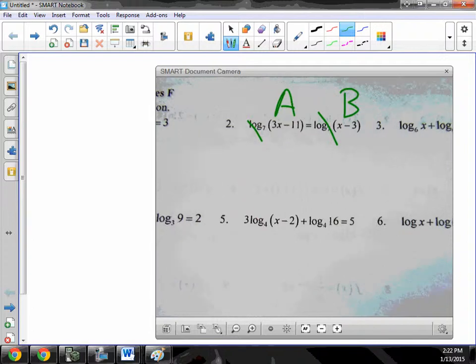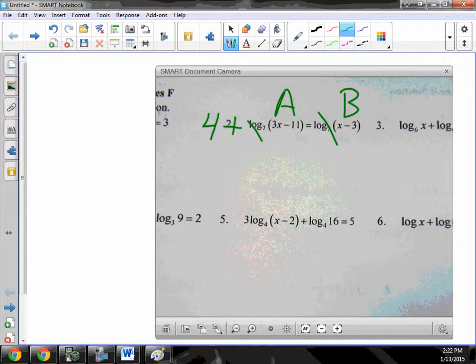So, here's the thing. You can only drop the logs if you have a log of one base equals a log of the same base and no other information. For instance, if it was 4 plus, that won't work. The only time you can drop the logarithms is if you have one logarithm equals the same base logarithm and nothing else.